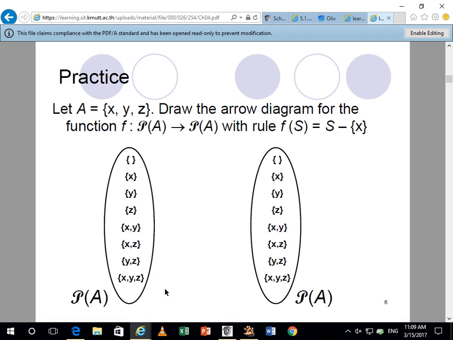The function of S is you're taking S, you subtract off X, the subset X. So this is removing subset X. Is the output.